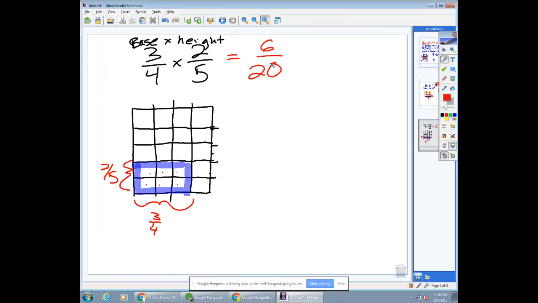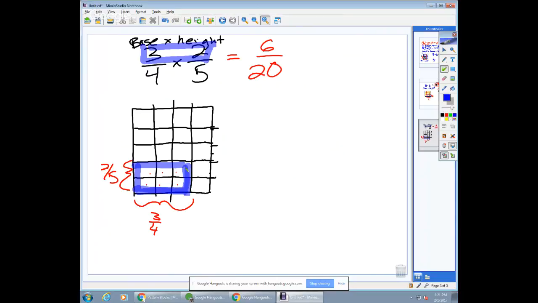So we should be able to show one version of the answer is 6/20. Now, one thing kids are going to notice after you do this a few times, the rectangle I highlighted in blue is the same rectangle described by the product of the numerators.